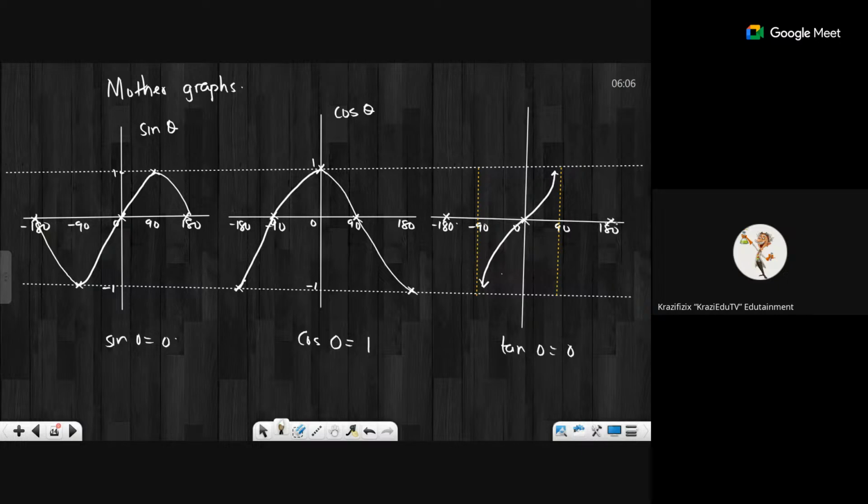That is also 0. The graph then keeps going in that direction all through, okay? And moving on like that, up to 270 again, where you have the next asymptote. Know your mother graphs and you'll be fine.